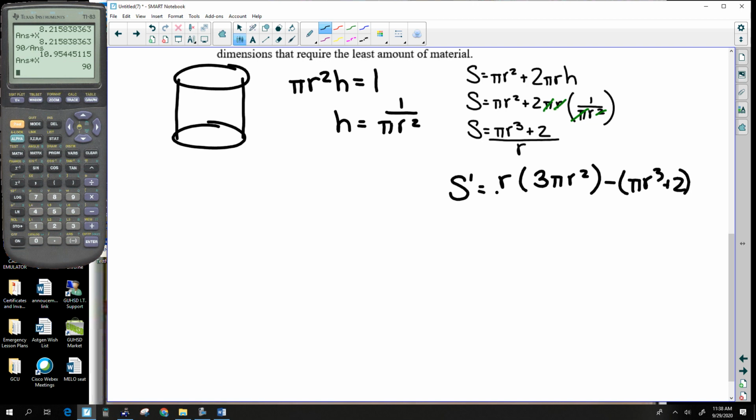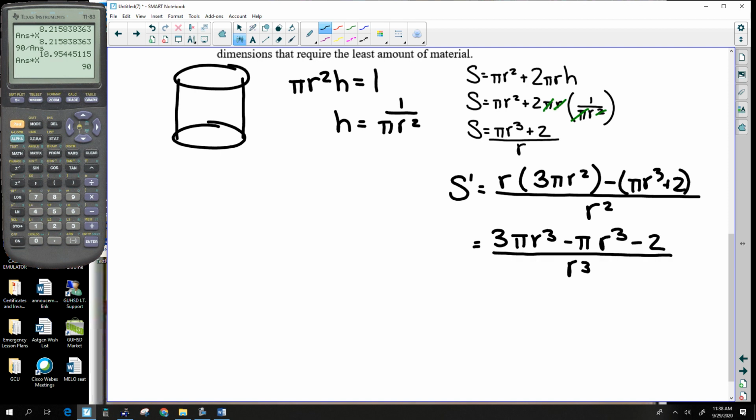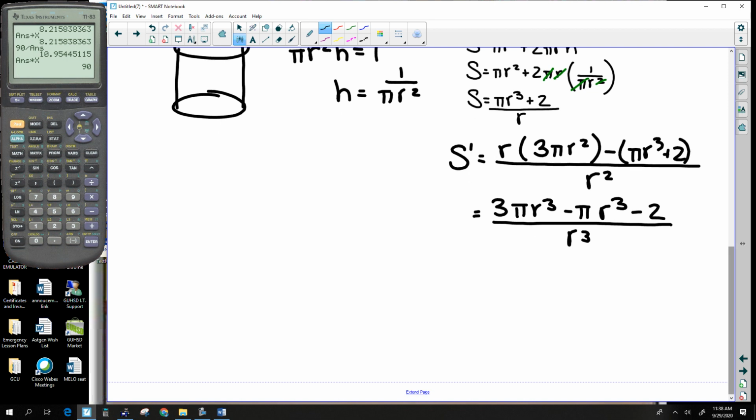Derivative of the bottom is 1, all over the bottom squared. So 3 pi r to the third minus 1 pi r to the third is 2 pi r to the third. Okay. So we have our derivative.